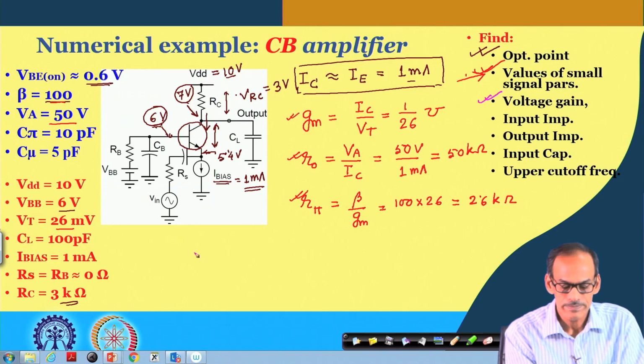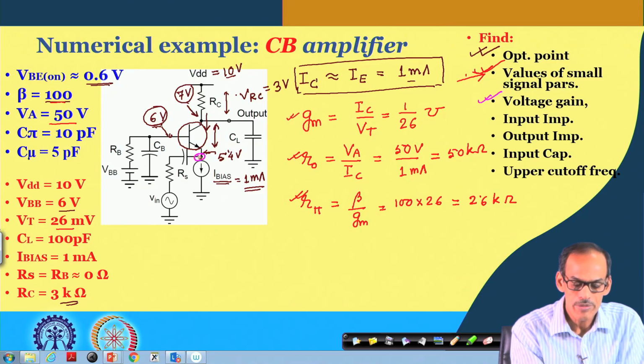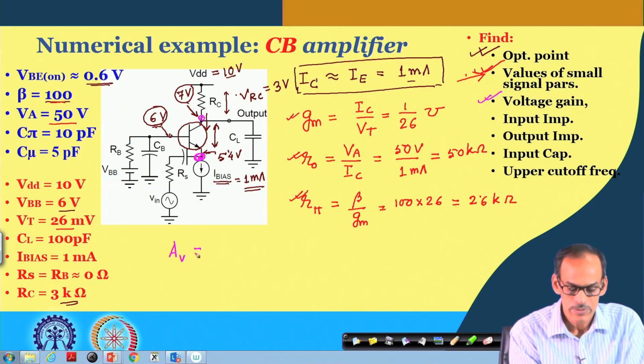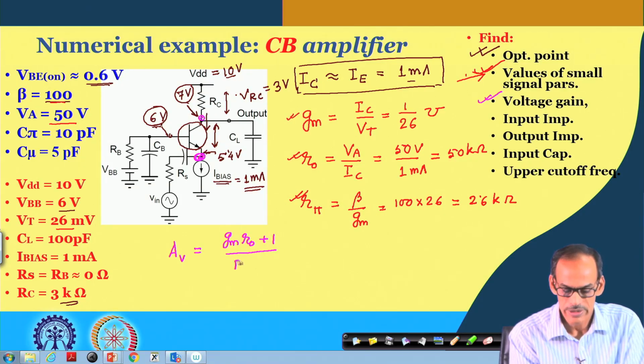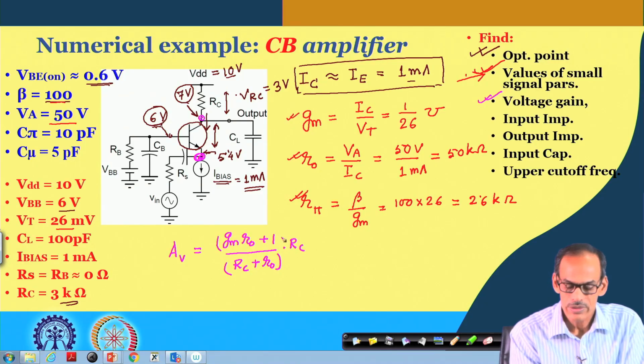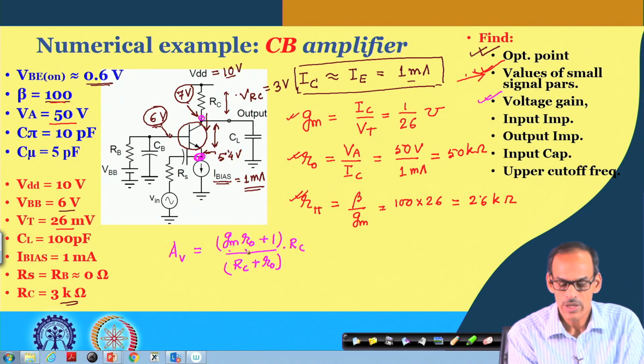The voltage gain starting from the emitter terminal to the collector terminal, if I call that voltage gain A V, you may recall from our previous day's discussion, it was G m into R naught plus 1 divided by R C plus R naught into R C. In fact, if you compare G m into R naught and 1, definitely we can approximate this by G m into R naught only.